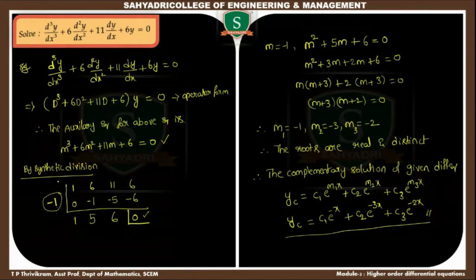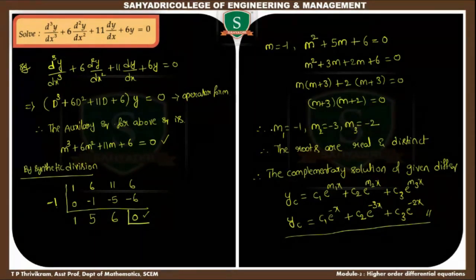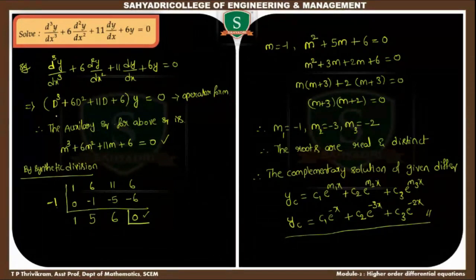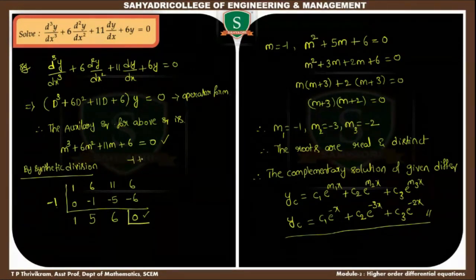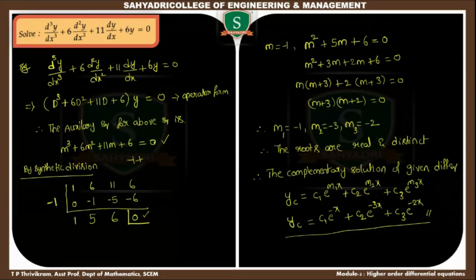Now we got -1. So there we got the answer as -12, right? When we substituted -1 in the equation, how much will you get? Substitute it. -1 cube is -1, plus 6 into -1 square is plus 6.